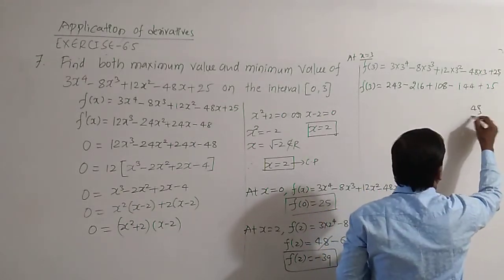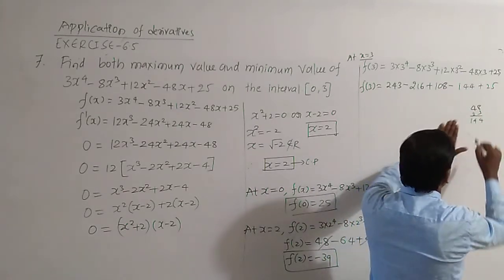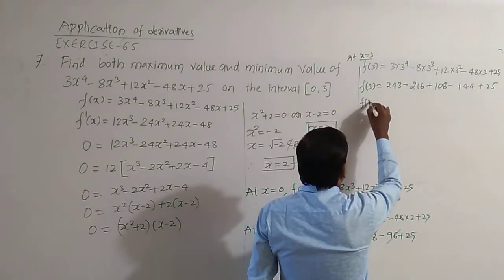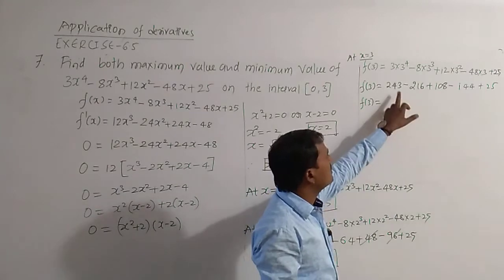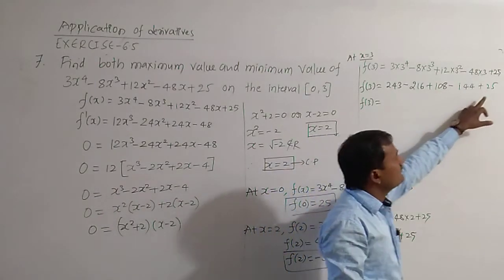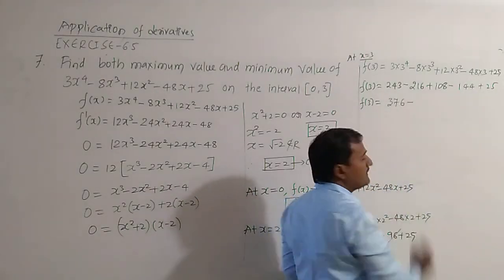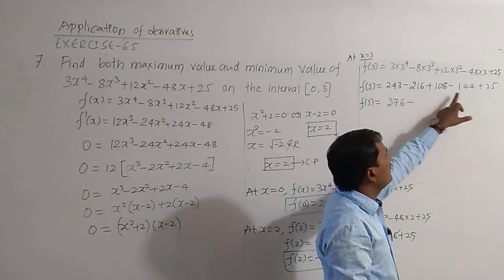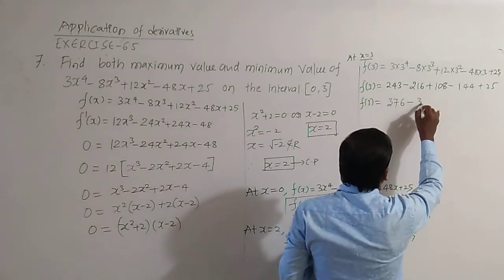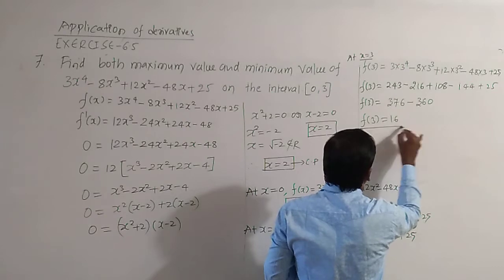Here 48 into 3 is 144. Now we simplify: adding 243, 108 and 25 we get 376, minus 216 minus 144, so we get minus 360. Therefore f of 3 is equal to 16.